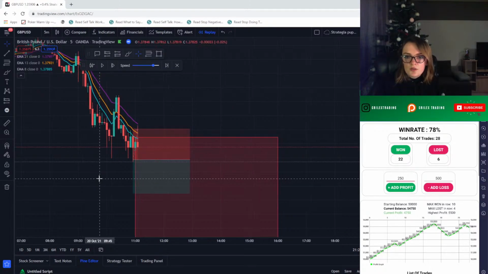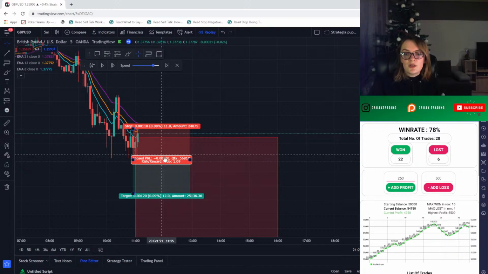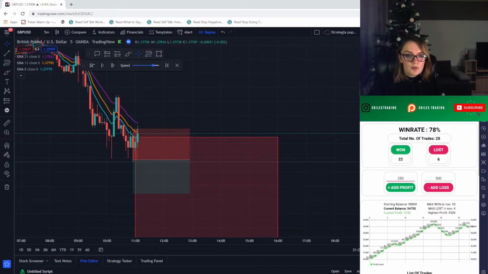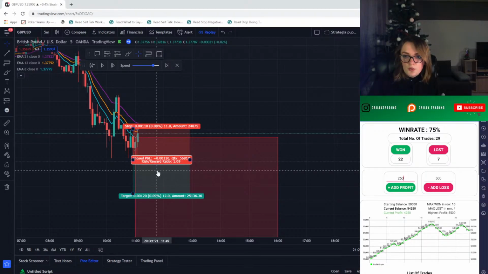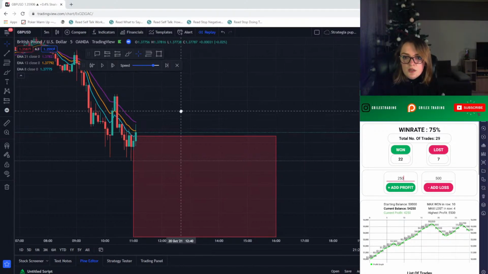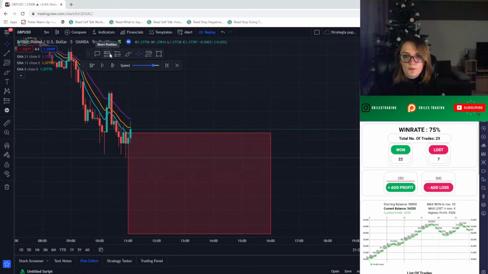So now we are in this position, and for this one we've got a full 1% loss. I'm going to mark it also on the 20th of October in our Excel spreadsheet. Okay, so we are out, but actually we are getting a new position here.